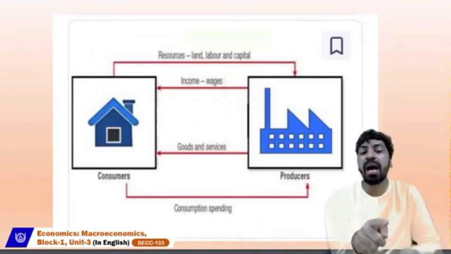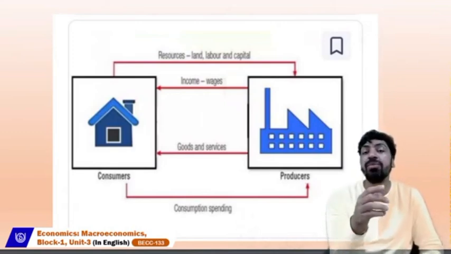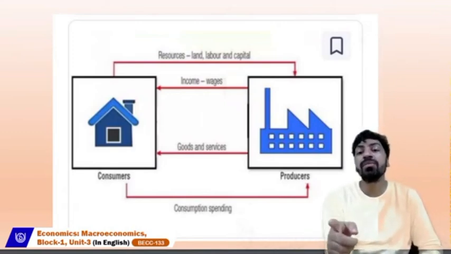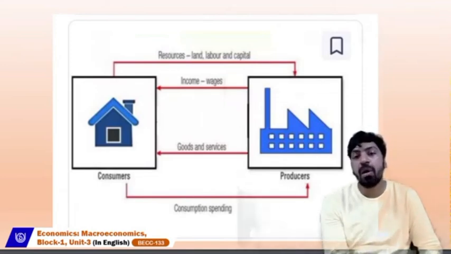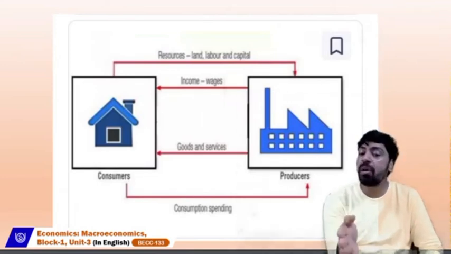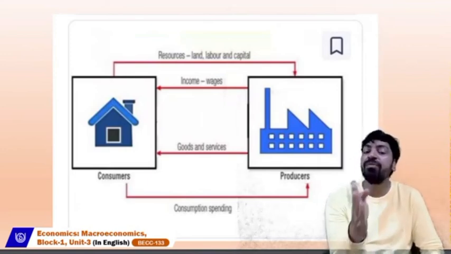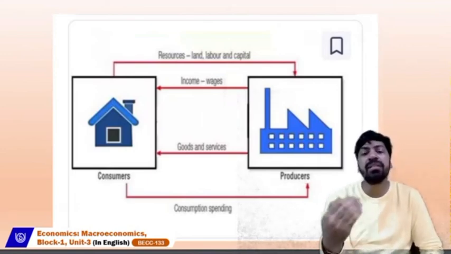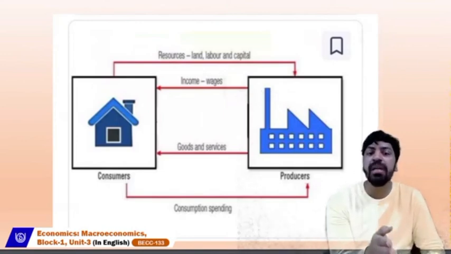The household provides the resources to the firms and organizations, and these organizations automatically pay wages, interest, rent, and profit to the household.